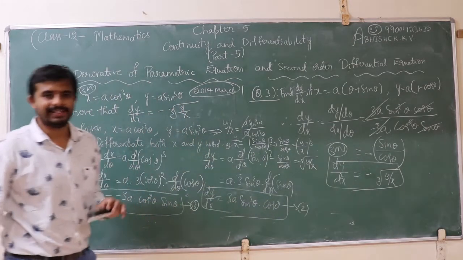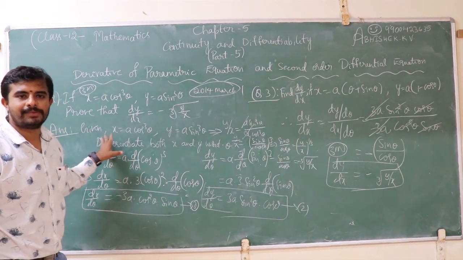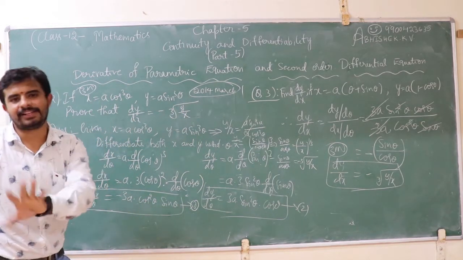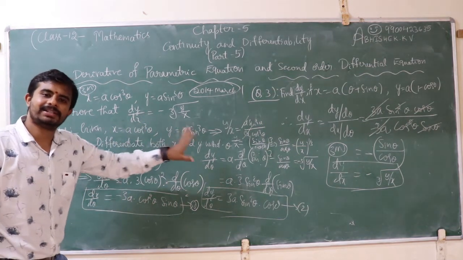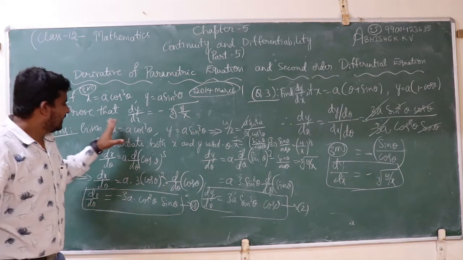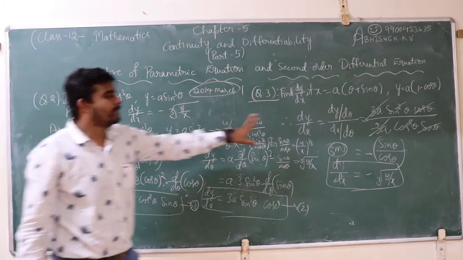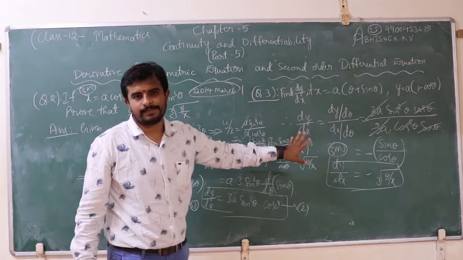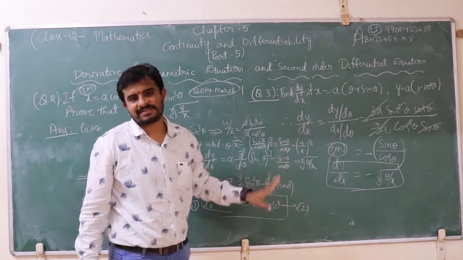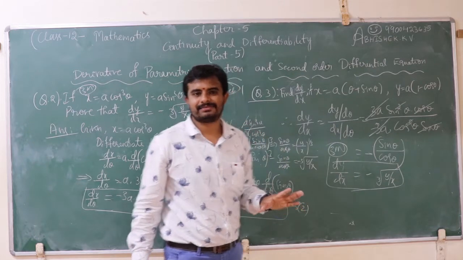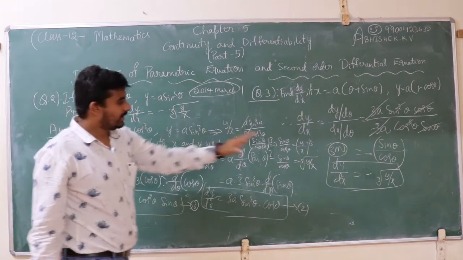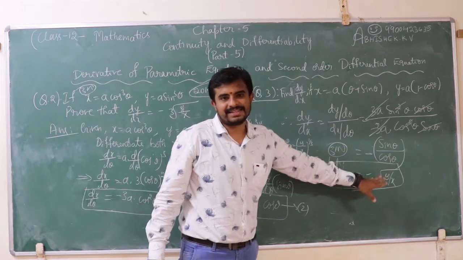I hope you are getting this. First, we need to differentiate both x and y with respect to the given third parameter. Here, the third parameter is theta. So, we need to differentiate with respect to theta: dx by d theta, dy by d theta. Finally, putting the formula dy by dx is equal to dy by d theta divided by dx by d theta. Substitute that, and here there is some manipulation by the given equation. Here we got minus tan theta.